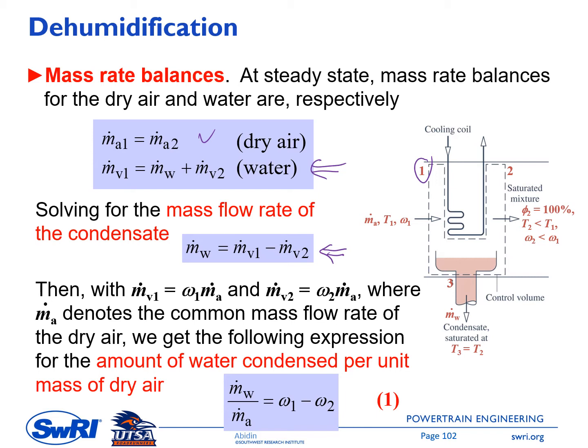So we get equation 1 here, that m dot W over m dot A equals omega 1 minus omega 2. In this case, because it is a dehumidifier, omega 1 is higher than omega 2.